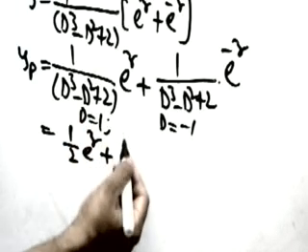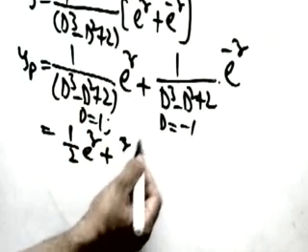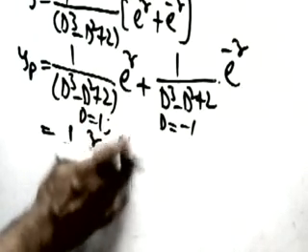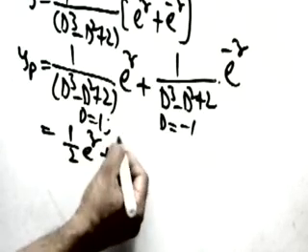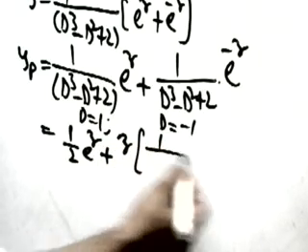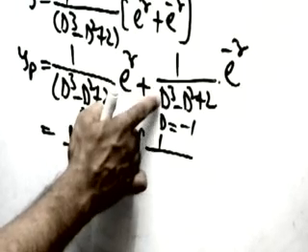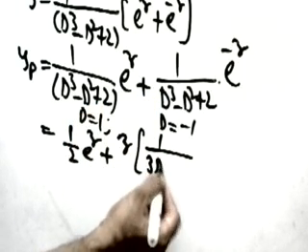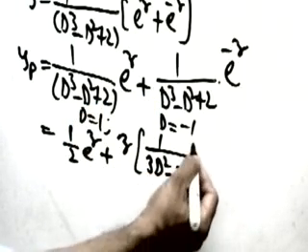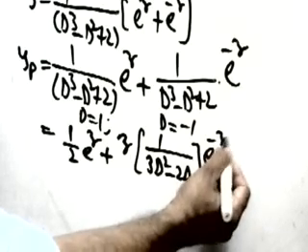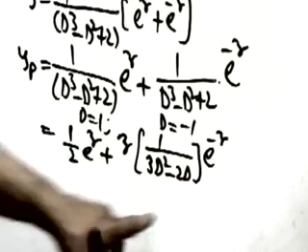So this is 1 by 0, not defined. So what is the method? Multiply the numerator by z, and differentiate the denominator with respect to D. So D cube will become 3D square minus 2D and the constant is 0, e power minus z.